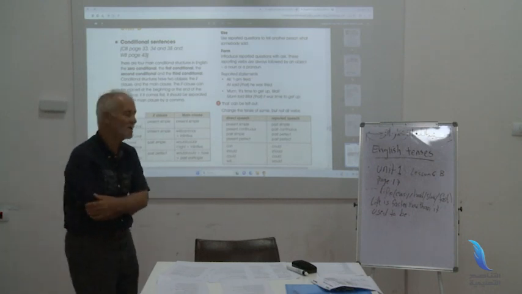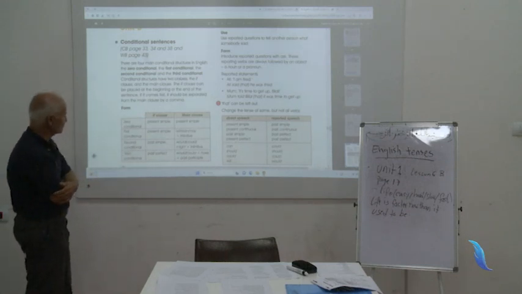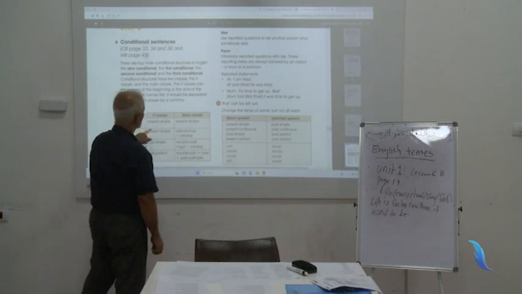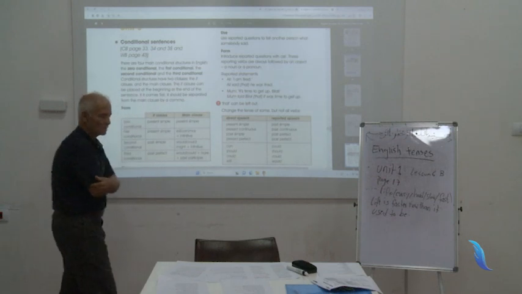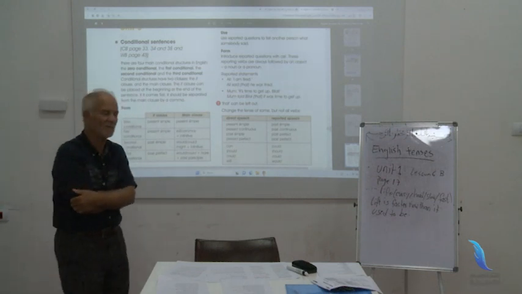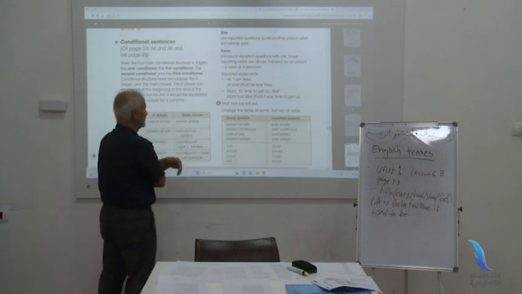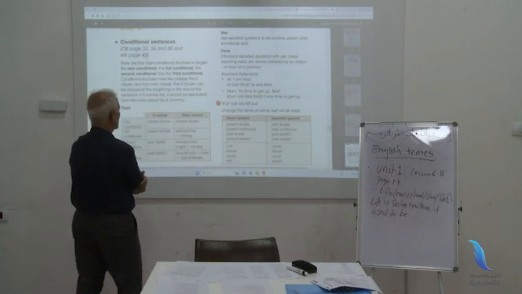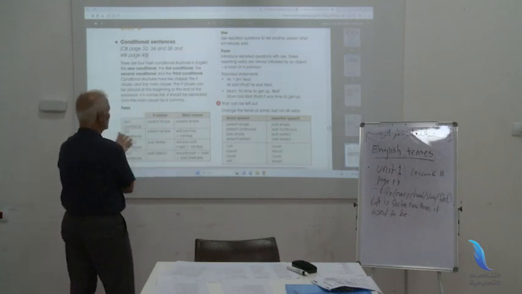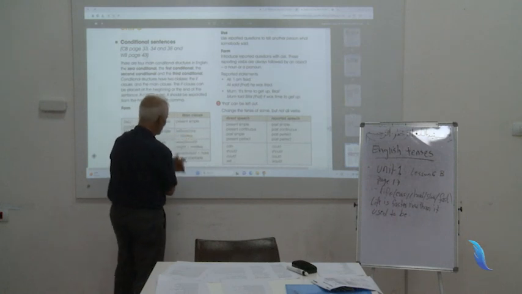Let's have a look at an example to see where the main clause and the if clause are. In the 0 conditional, the verb has got to be in present simple. The main clause is present simple as well. First conditional: present simple, will or can, may, plus infinitive.